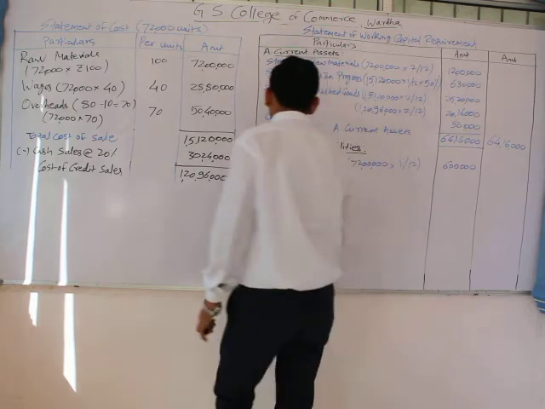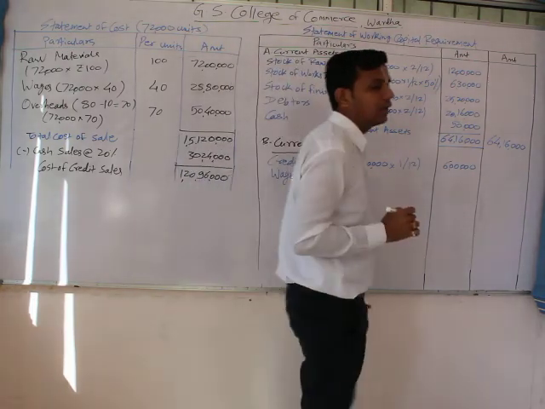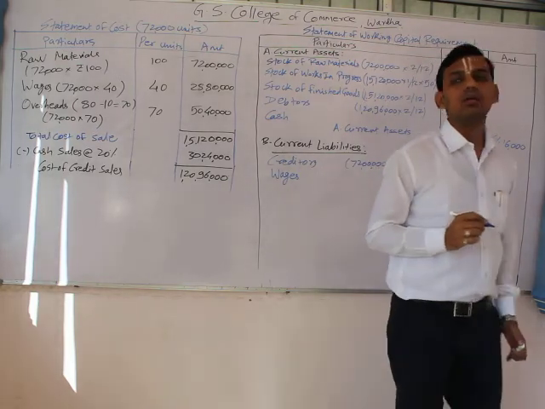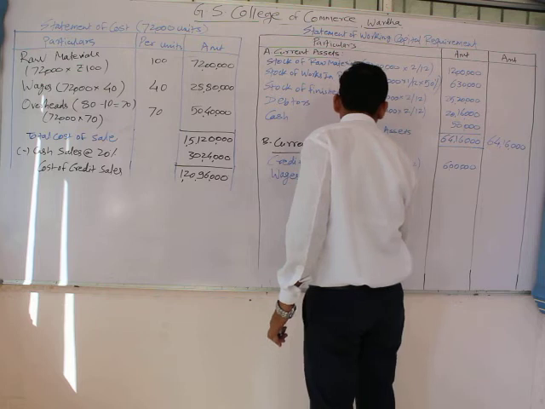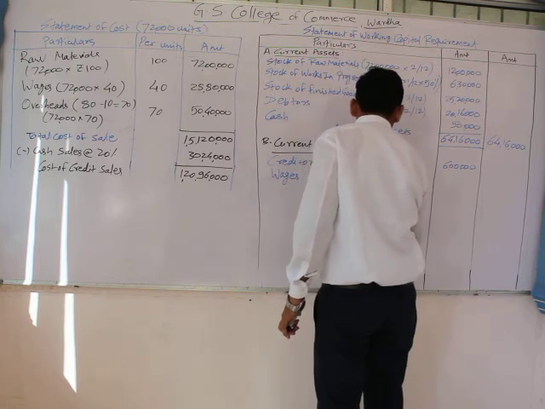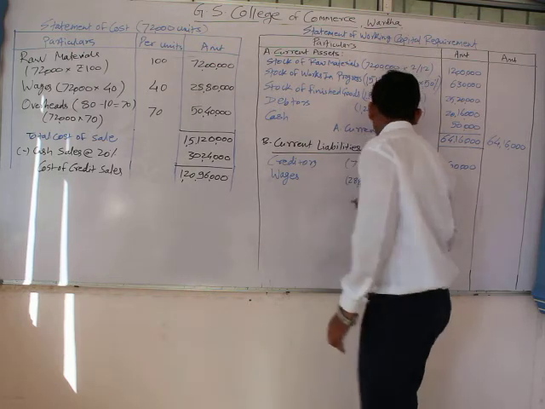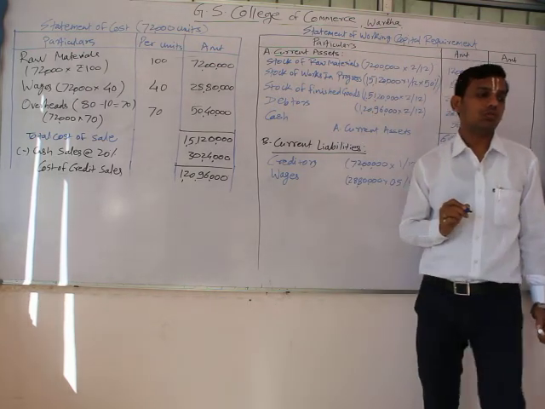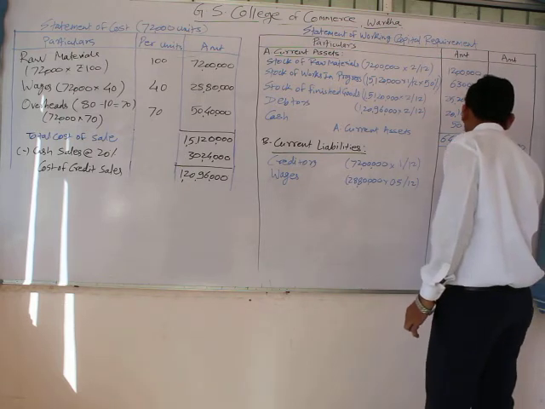Second would be payment of wages. With respect to payment of wages, the lapse period was half a month, so we have to take the amount of wages, that is 28 lakh 80,000 into 0.5 divided by 12. The amount would be 1,20,000.